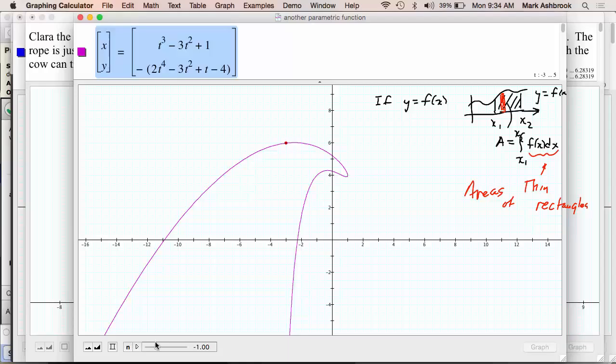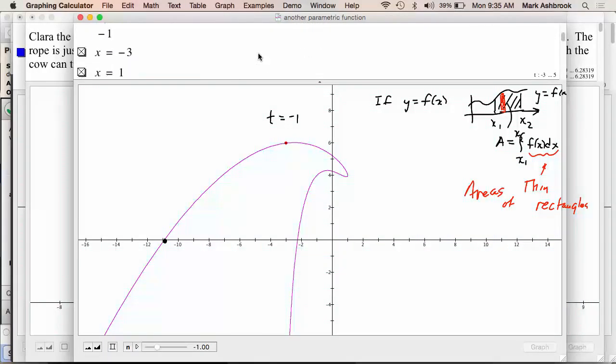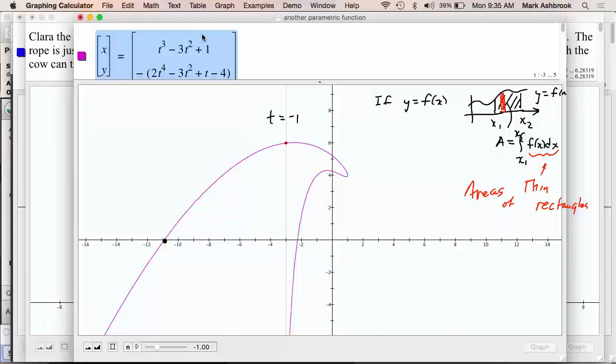All right, so here is t equals -1. Suppose I'm interested, for whatever reason, in this area right here. Let's see, does that show up on the screen? Good.